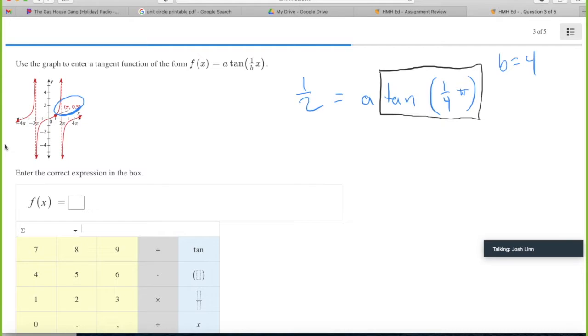Yeah, just regular 1, not a negative 1. So now we have a times 1 equals 1/2, so a equals 1/2. So our function is going to be 1/2 tangent of 1 over 4 x.